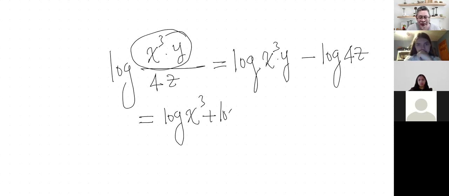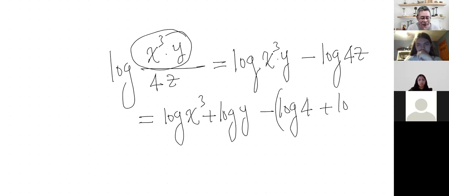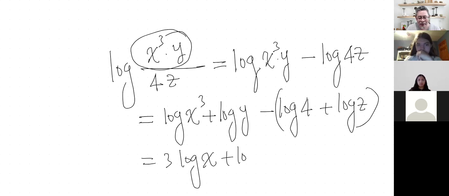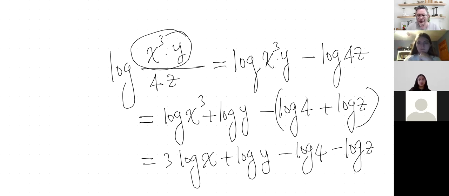On this side is basically just log 4 plus log z. And so we got 3 log x plus log y, then minus log 4 minus log z. Good? Make sure the sign's there.